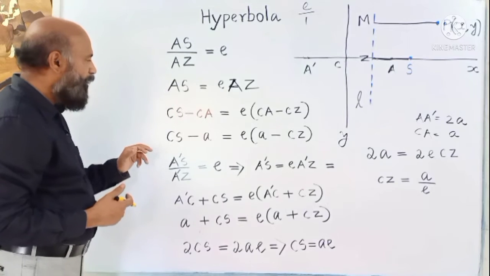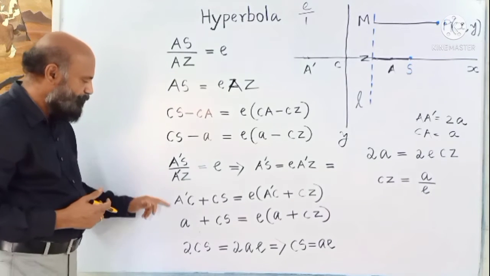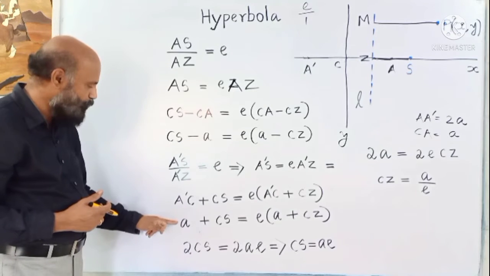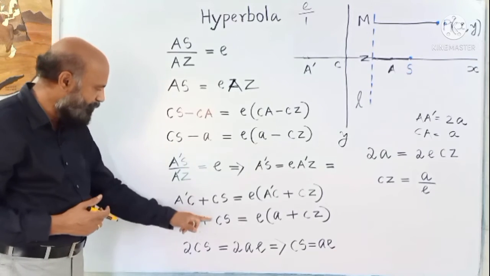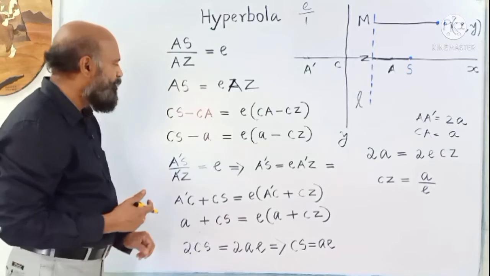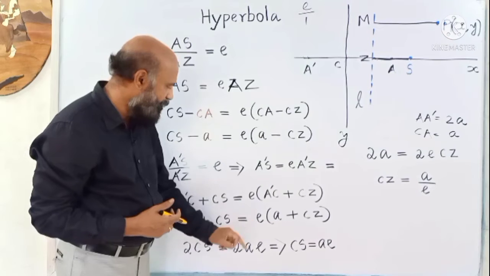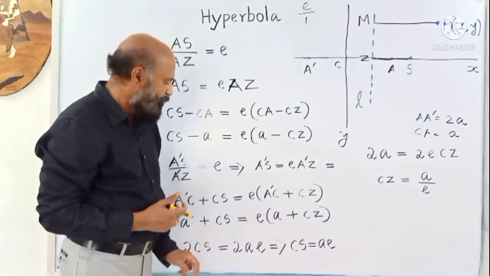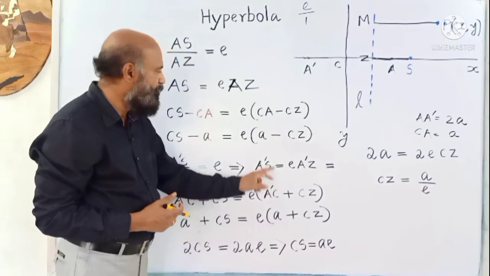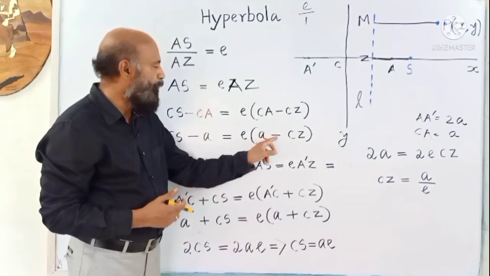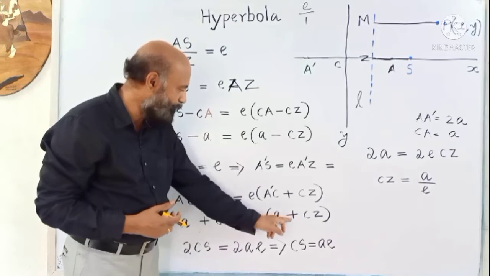By adding these two equations, minus a plus a will get cancelled. Here CS, here CS, so 2CS is equal to this side. Here ea, again here ea, so 2 times ea. The second term will get cancelled because here it is minus eCZ, here it is plus eCZ.